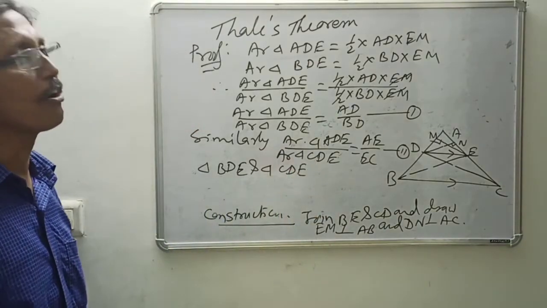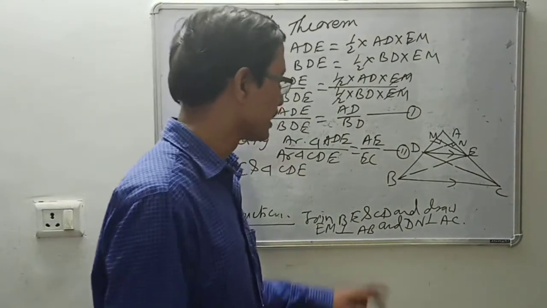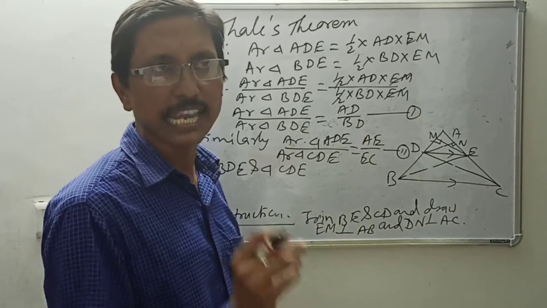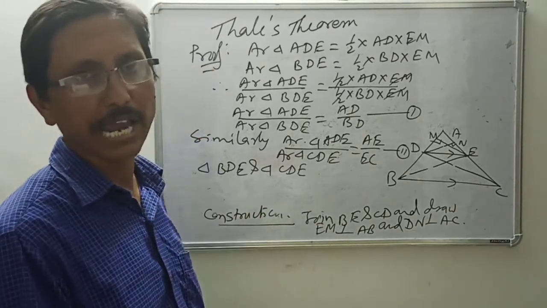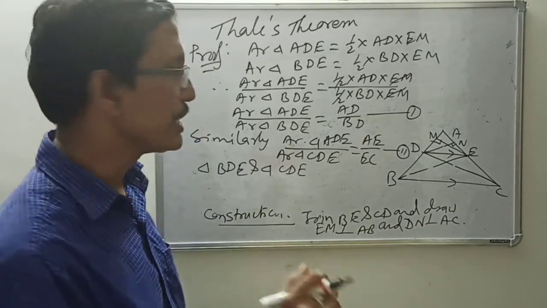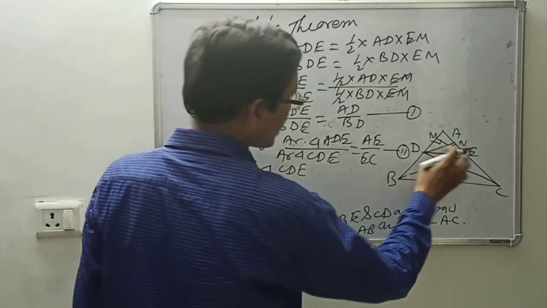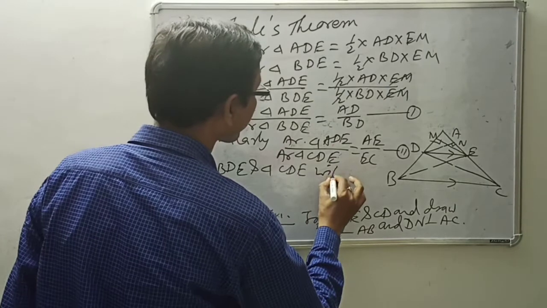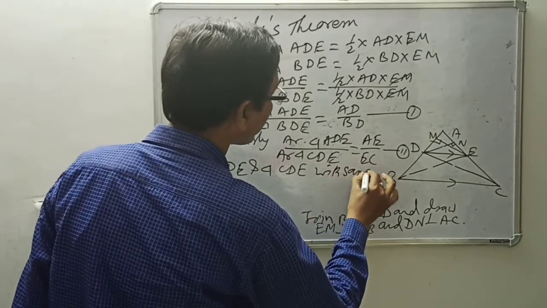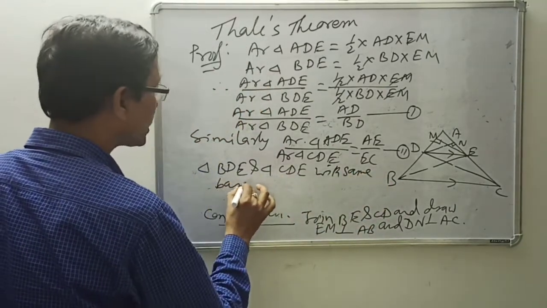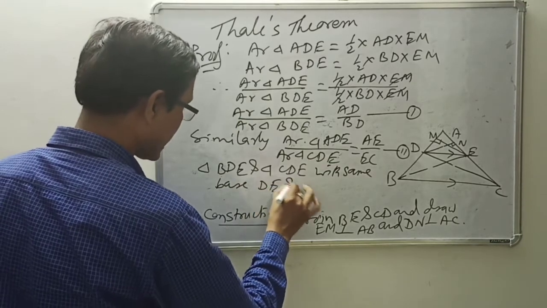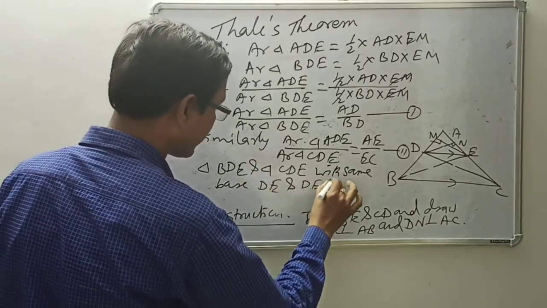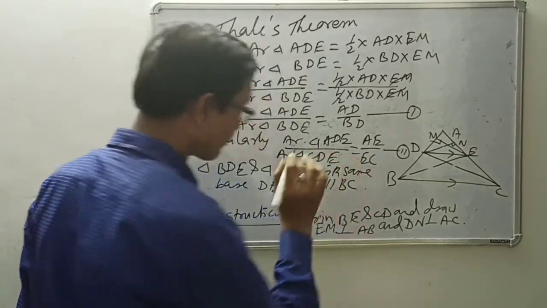In class 9 we got an important result: triangles with the same base and between the same parallel lines are equal in area. So see, BDE and CDE have the same base. Which is that same base? DE, and between the same parallel lines, that is DE parallel to BC.